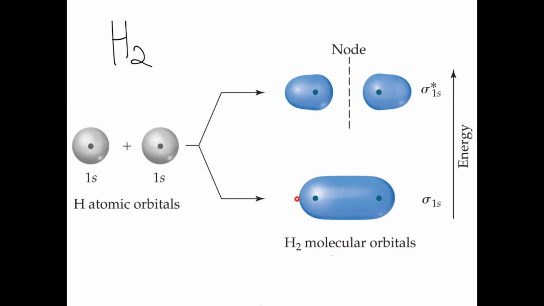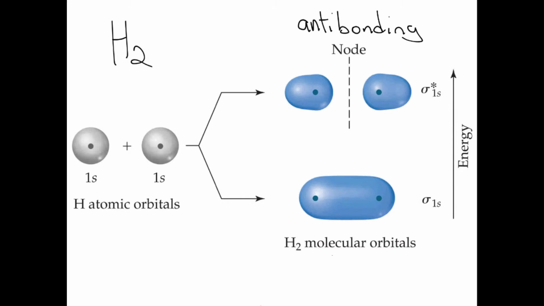If I call this bottom molecular orbital a sigma 1s orbital, I'm going to call the top a sigma star 1s orbital. And the star is meant to signify the fact that I have a node here, and more specifically, a special kind of molecular orbital, which I will call an antibonding molecular orbital. Now that's an interesting name, antibonding molecular orbital.